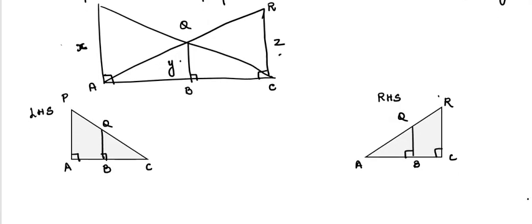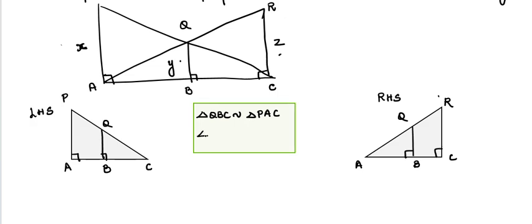Now the point you have to remember is, when I am writing similarity, write the smaller triangle first. Otherwise it will be tough, you have to remember to take reciprocals. So write triangle QBA similar to triangle RCA.